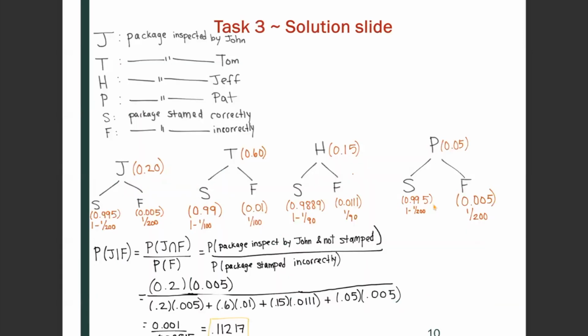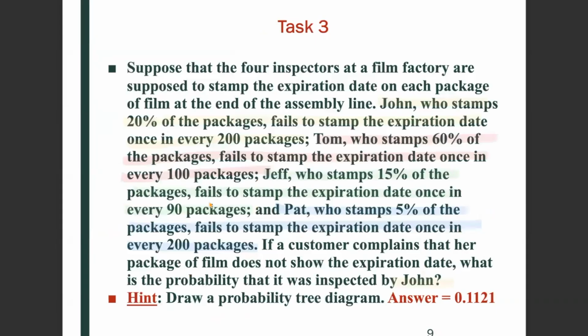All right, so all we've done up to this point is organize the information that we've been given using our probability tree diagrams. Now let's go back to what we were actually asked.